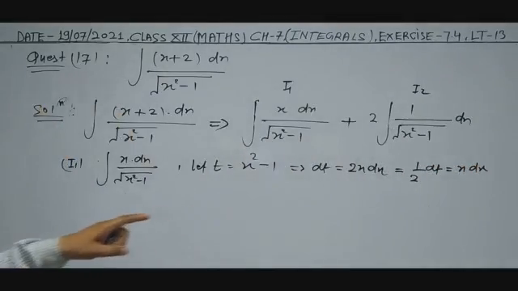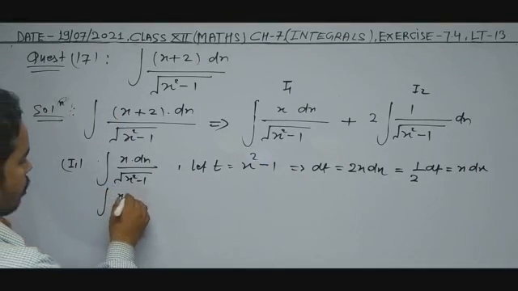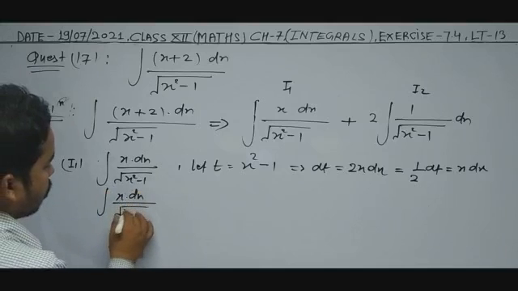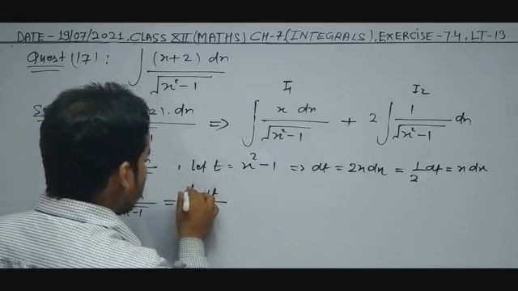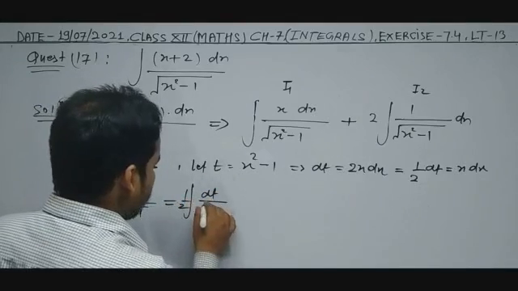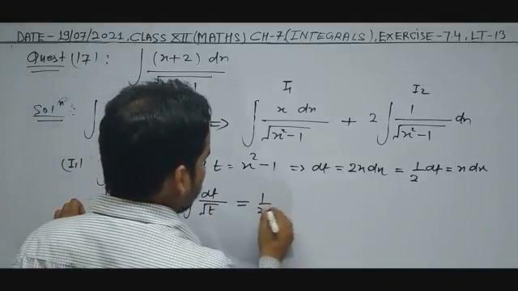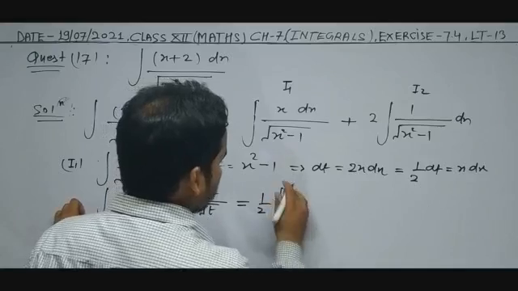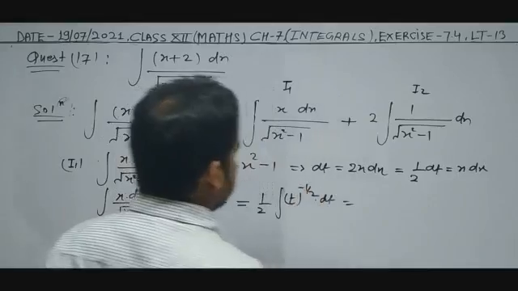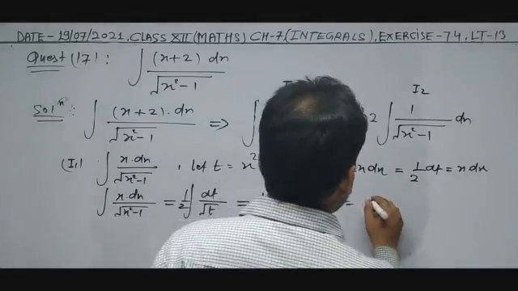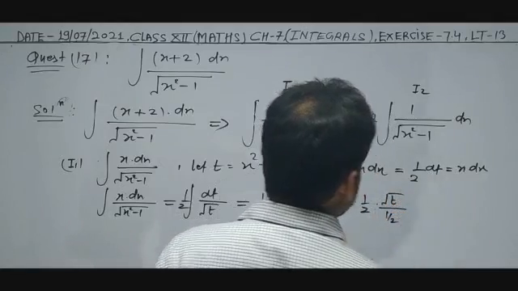So the integration becomes dt by 2 upon root over t, and its integration is 1 by 2 t to the power minus 1 by 2 dt, and its result is 1 by 2 into root t whole upon 1 by 2.